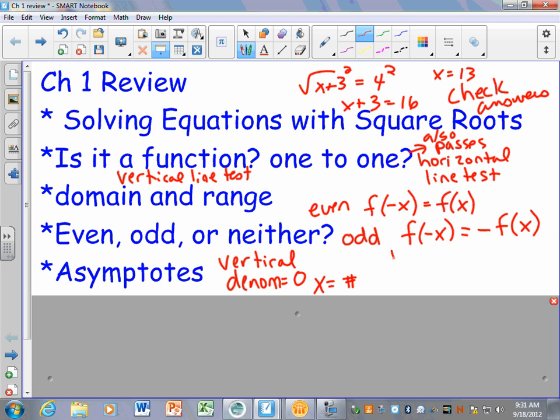And we also have the horizontal asymptotes. That's where you have those rules, and you might want to go back and look at those rules. It's all about the degree of the numerator over the degree of the denominator. If the numerator is less than the denominator, then your horizontal asymptote is y equals 0. If the numerator is bigger than the denominator, there is no horizontal asymptote.